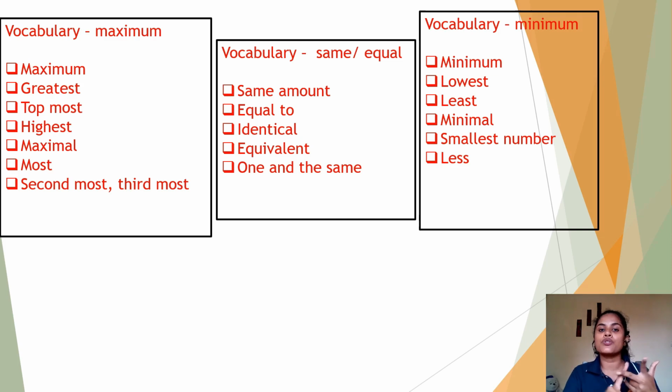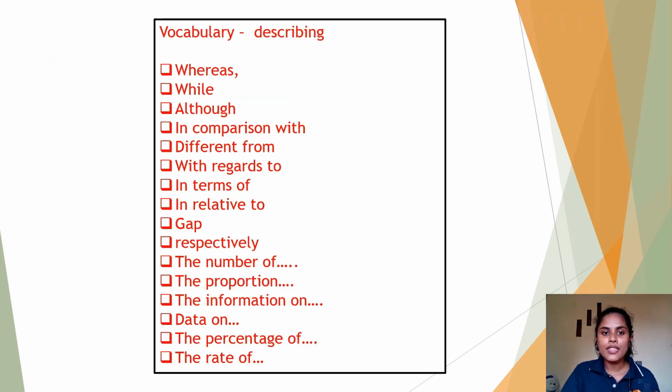Third, only then did we go deep into the details, which means the maximum, minimum, similar amounts, and so on. And for describing the minimum, maximum, similar amounts and other amounts, we can use a few words, right? You can just go through this vocabulary: whereas, while, although, in comparison with, when comparing to, and different from.